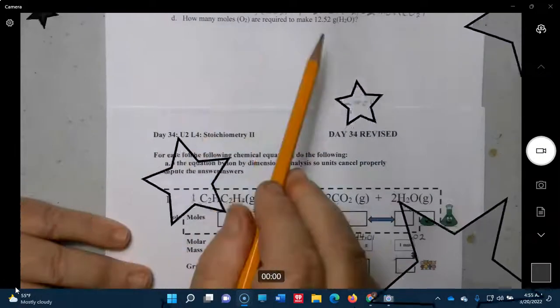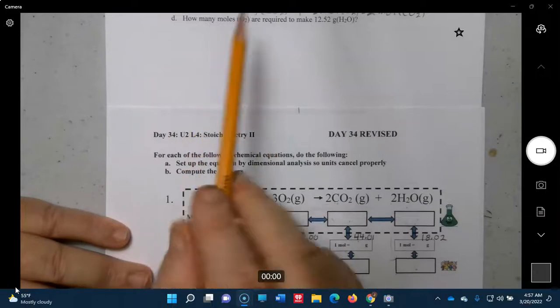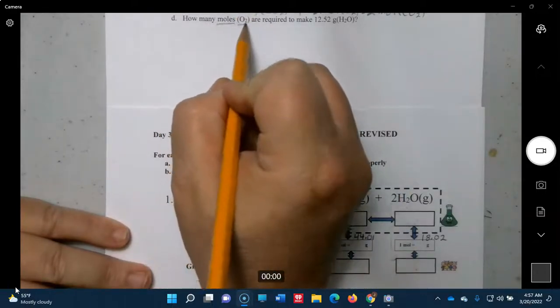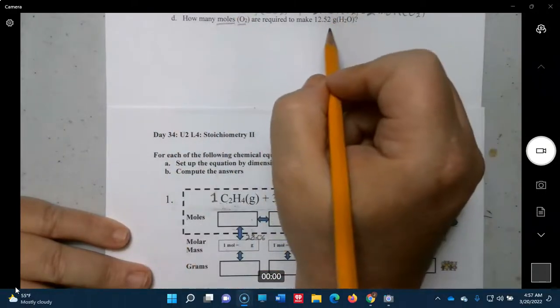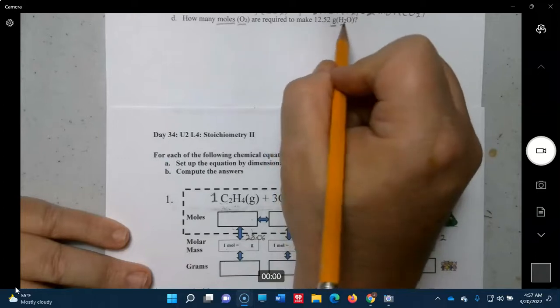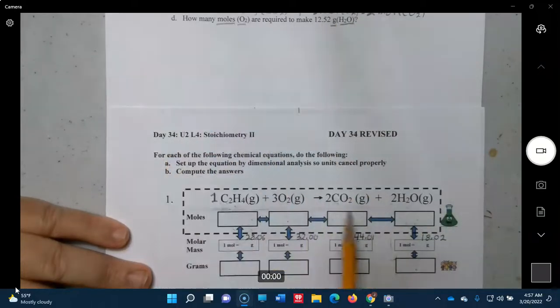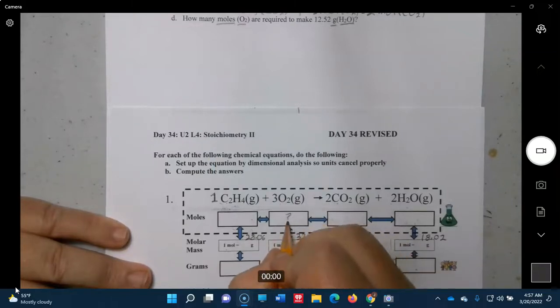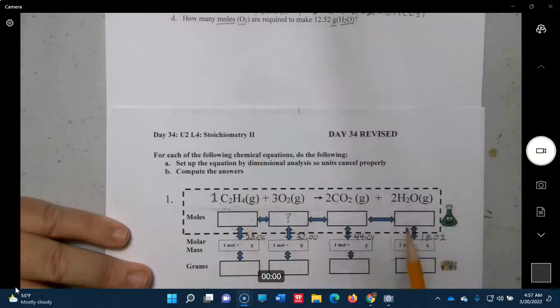Okay, now we're moving on to letter D. How many moles O2 are required to make 12.52 grams of H2O? So we're looking for moles of O2, moles row, O2, question mark. Grams of H2O.